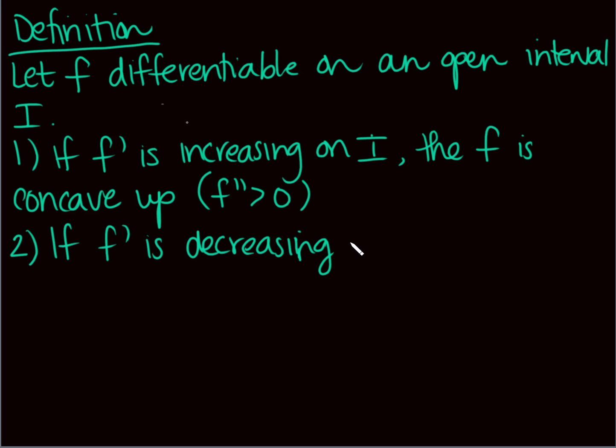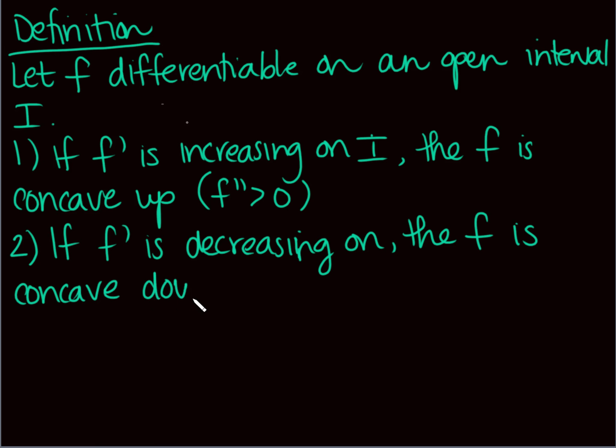If f prime is decreasing on I, then f is concave down on I. And concave up, in general, looks like that. It doesn't have to be that obvious.